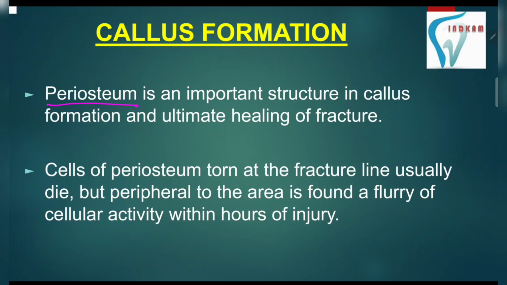Periosteum is an important structure in callus formation and ultimate healing of fracture. Cells of periosteum torn at the fracture line usually die. Peripheral to the area is found a flurry of cellular activity within hours of injury.